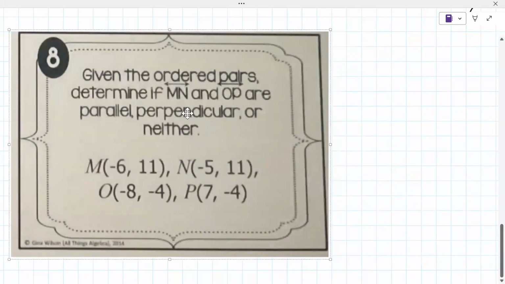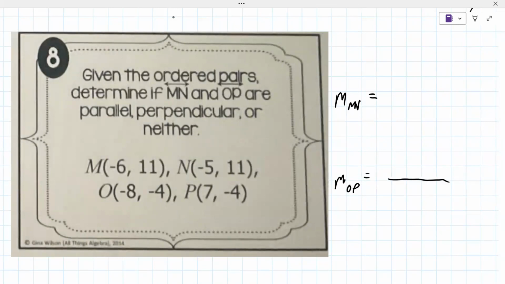All right, number 8 here. Let's have you do M to N. Zero over one.